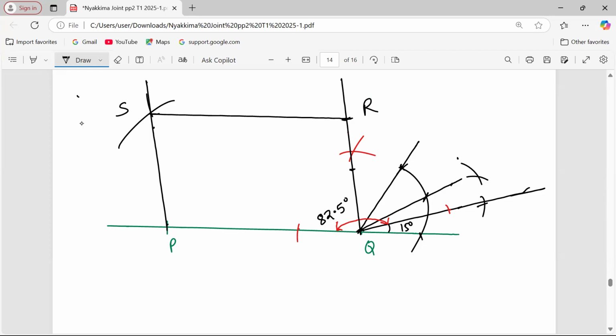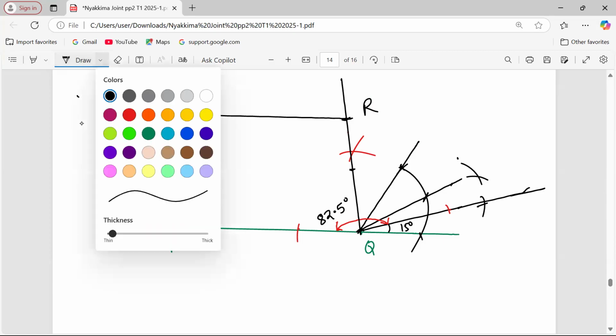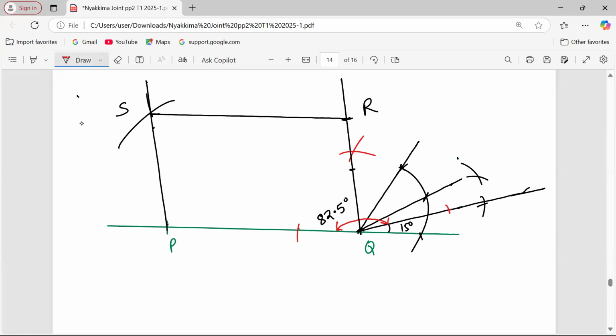To bisect perpendicularly, remember we are not supposed to use a protractor. Therefore, we just need to stand at Q. Standing at Q, we make an arc here and an arc here. Then standing at R, we cut those arcs. Now, when we join the intersection of those arcs, we will be able to get the perpendicular bisector. And it's supposed to be dotted. Remember that?